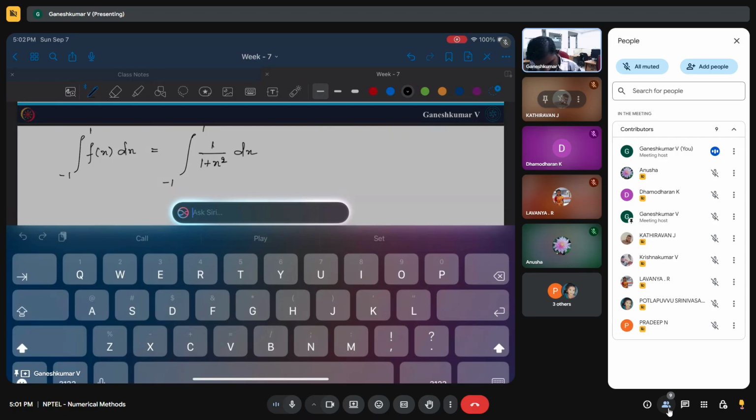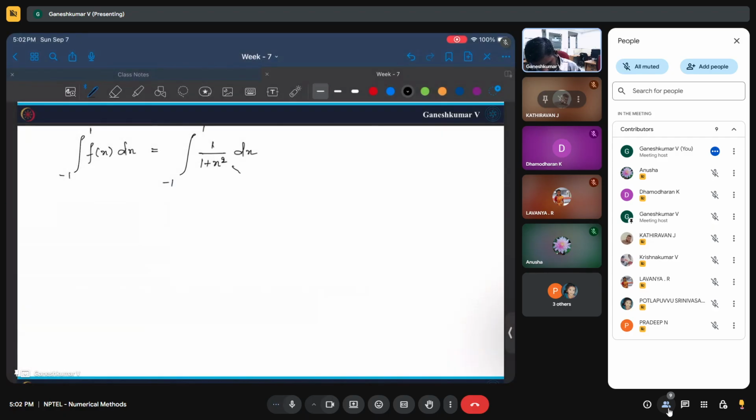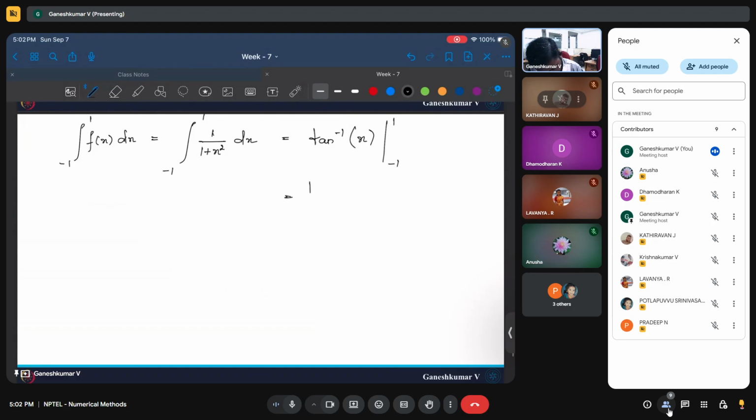So what is this formula? How will you integrate this? Tan inverse of x. Right, tan inverse. Wonderful. So this is nothing but tan inverse of x evaluated from minus 1 to 1. Okay, and this becomes tan inverse of 1 minus tan inverse of minus 1.